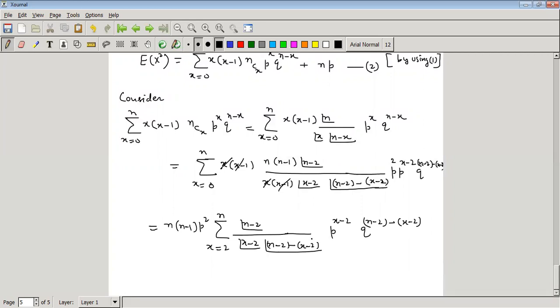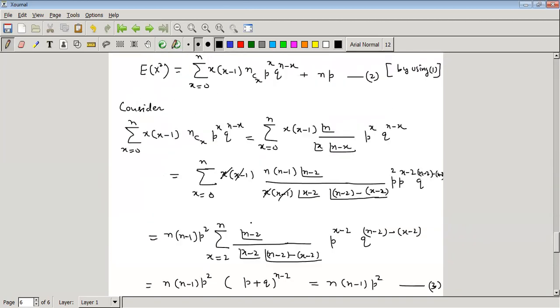Now the term in the summation bracket again becomes the binomial probability distribution function, so we have n into n minus 1 p square times p plus q to the power n minus 2. And we know that p plus q equal to 1. So we can write this as n into n minus 1 p square. Let this be 3.